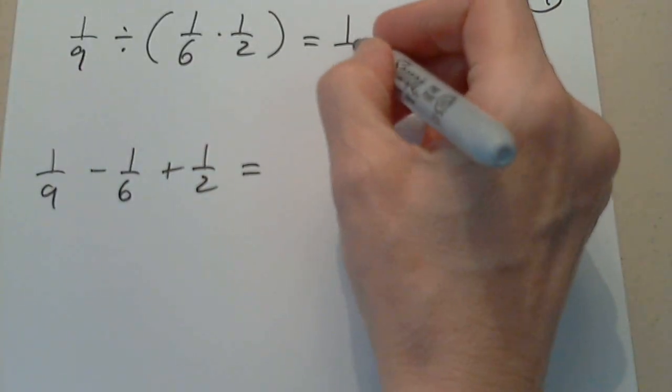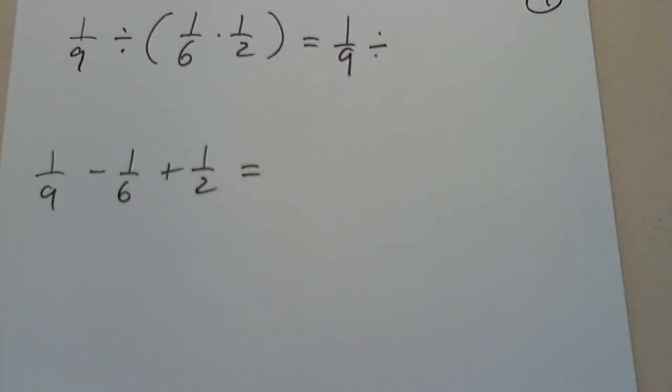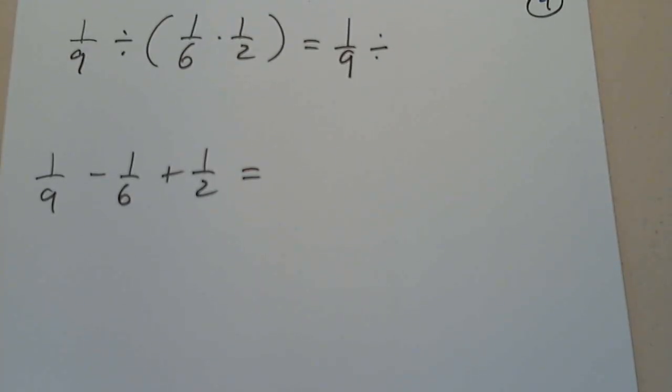We know that we have to copy 1/9. We have to copy the division symbol. Can anyone give us the quantity in parentheses?